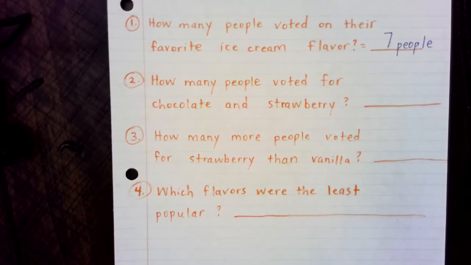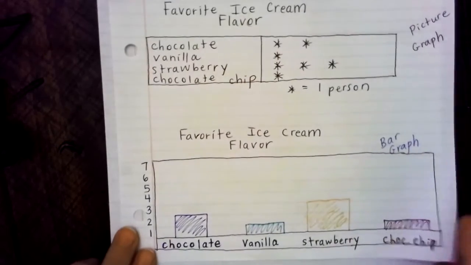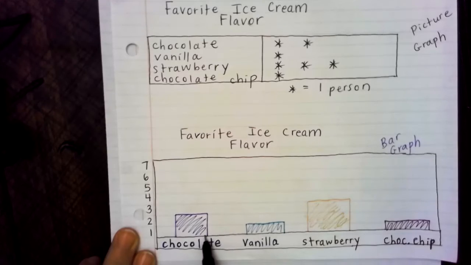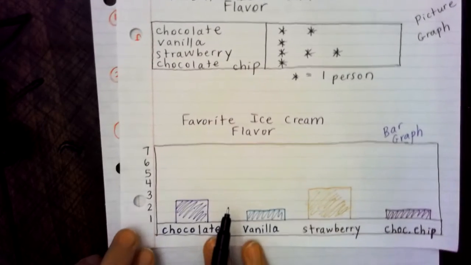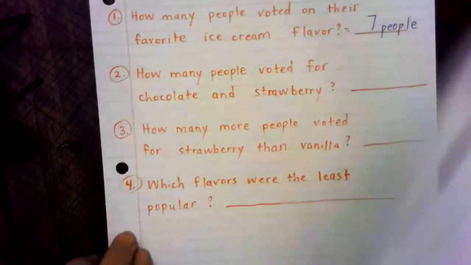Okay. Our next question says, how many people voted for chocolate and strawberry? Okay, so let's look at our bar graph for this. How many people voted for chocolate? Chocolate was 2, and strawberry was 3.